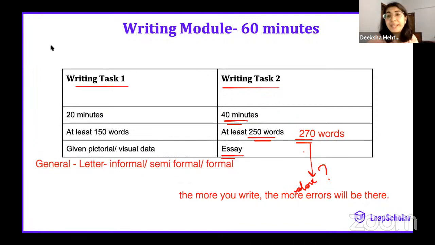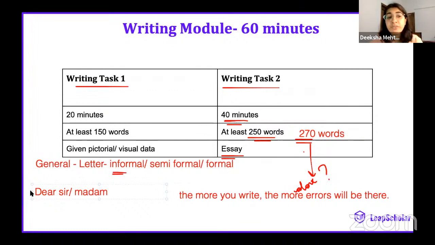To whom are you writing the letter? Is it to your boss, to your teacher, or to someone that you don't know, or are you writing it to your friends and family? Depending on that, the tone needs to be consistent, right? For example, if you're writing a formal letter, it needs to begin with dear sir or madam.